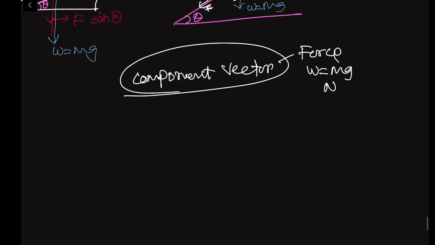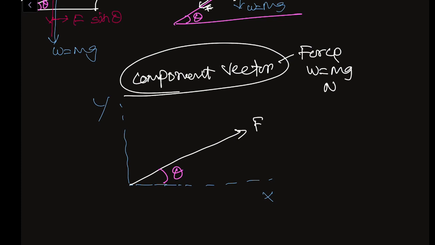Suppose a force F is acting in a different direction, like this, children. So how can we represent it? For this I have to draw lines mutually perpendicular. Here it is the x-axis, and this is the y-axis. Here I identify some angle.